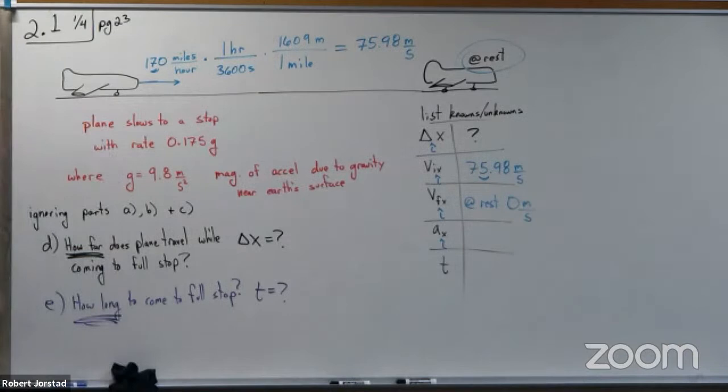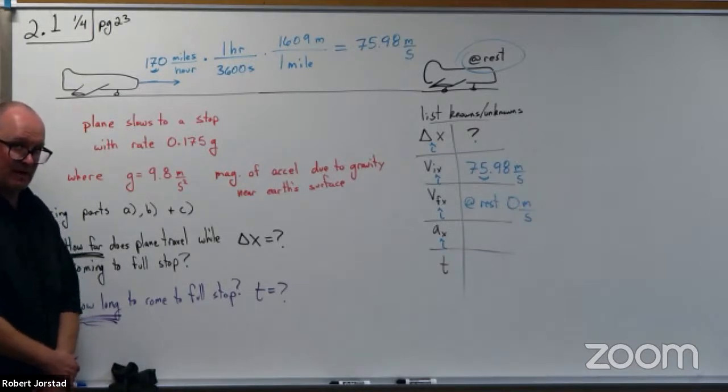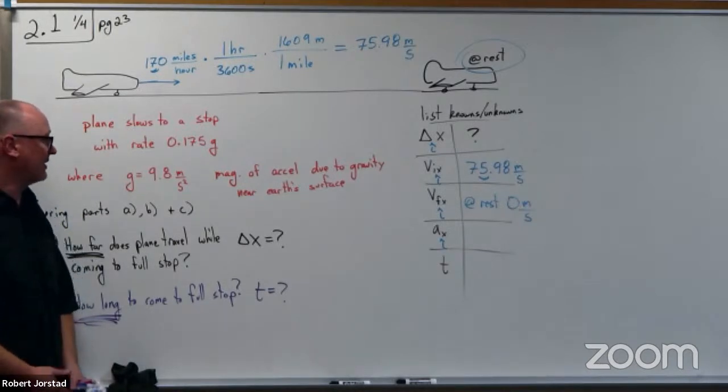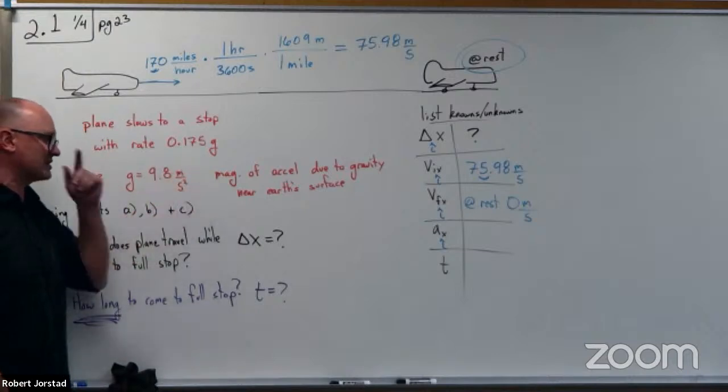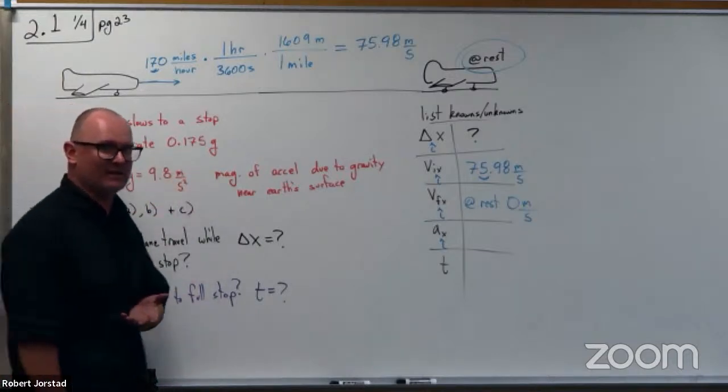A sub x. Do I know that? This is where it helps to understand some units. I know anything that has units of meters per second squared has to do with acceleration.